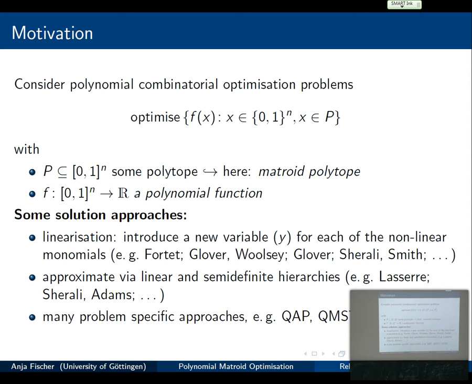There are several ways to do so, or instead of solving it exactly, we could try to approximate via some hierarchies. And especially for some combinatorial optimization problems, there are lots of solution approaches that are really problem-specific, say for the quadratic assignment problem, the quadratic spanning tree problem, or quadratic traveling salesman problem.